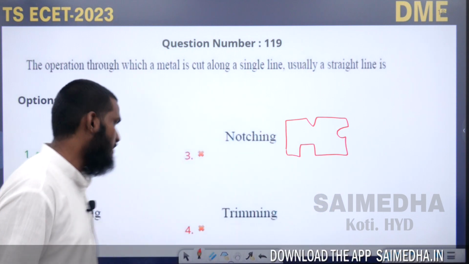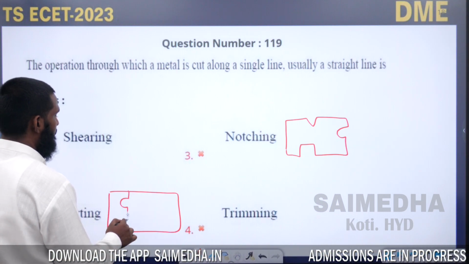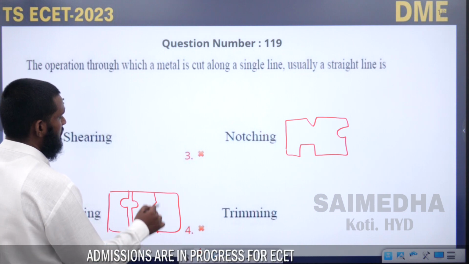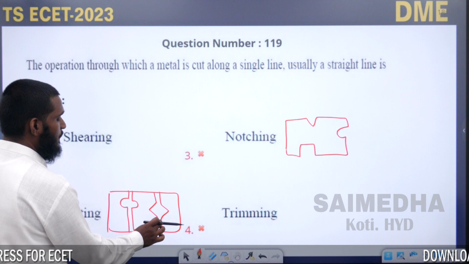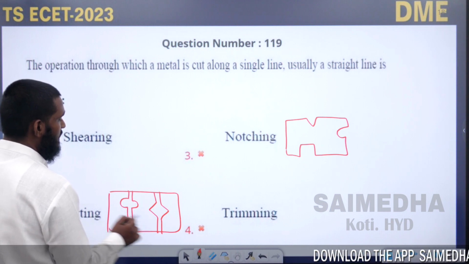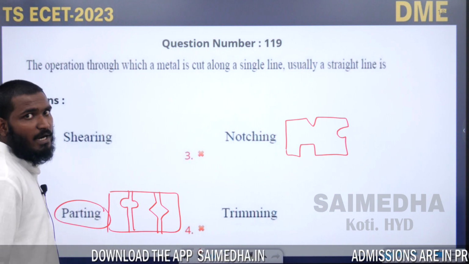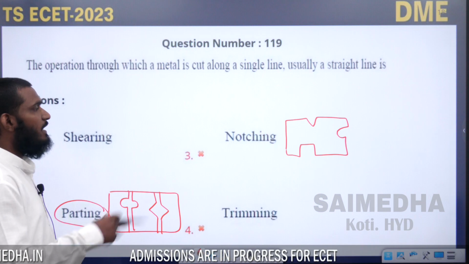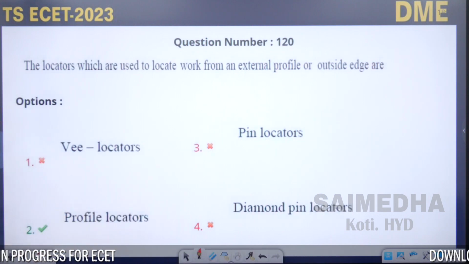Parting is when, in a given shape, you want to remove only one particular part and the remaining part is scrap. If you want a single straight-line cut, we go with shearing. First option is correct.